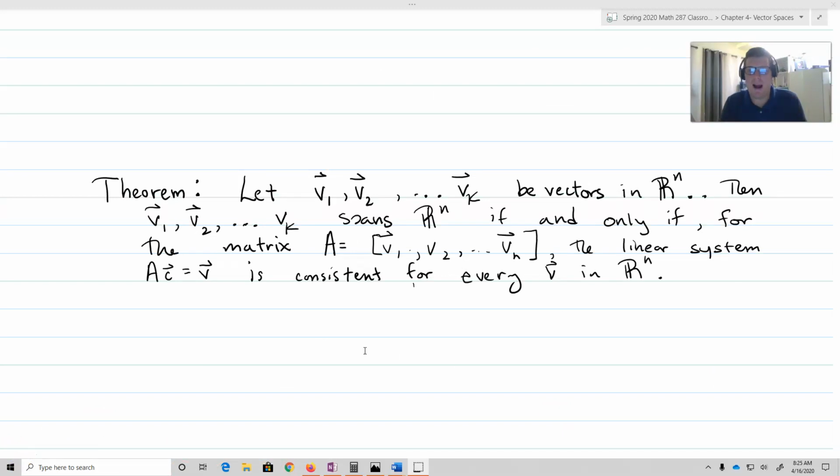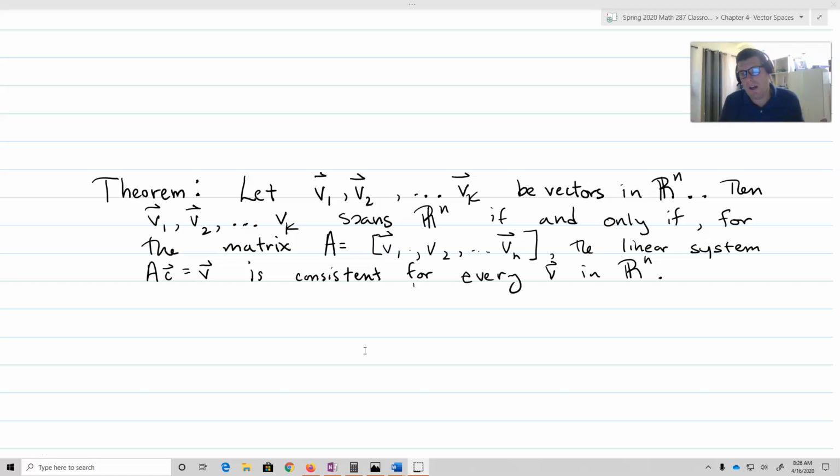So this theorem wraps up the idea that we're dealing with. Let V1 through Vk be vectors in Rn, then V1 through Vk spans Rn if and only if, for the matrix A equal to V1 through Vk, the linear system AC equals V is consistent for every V in Rn. So basically, is it the case that we can construct a consistent system from AC equals V for every single V?